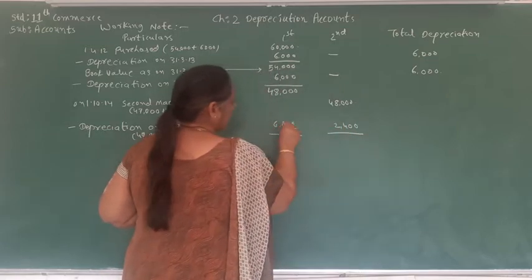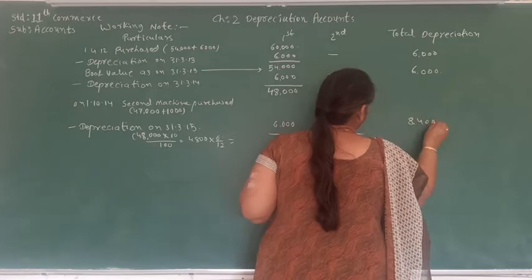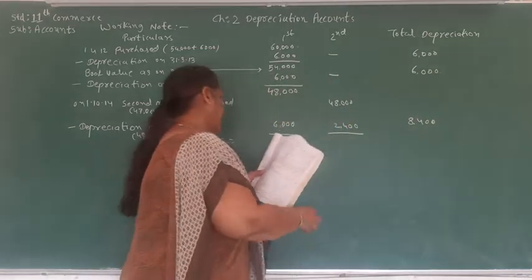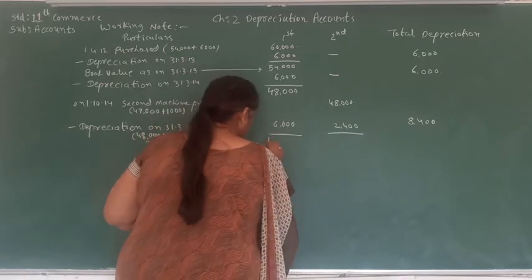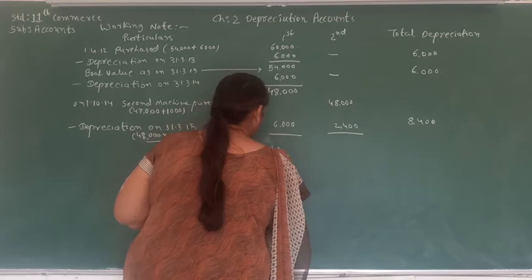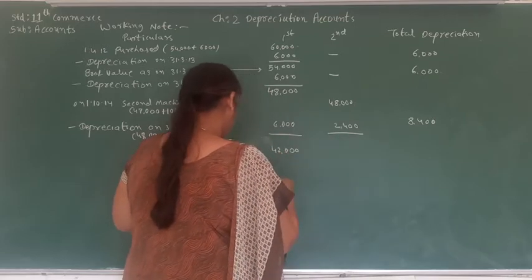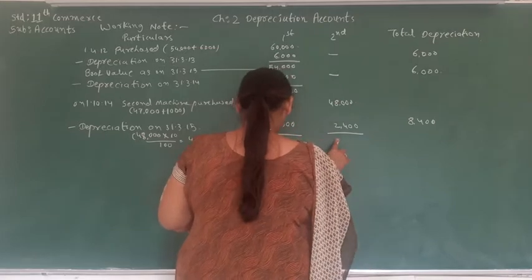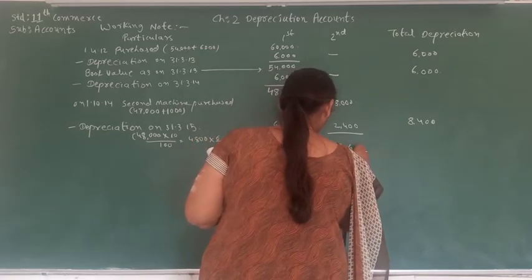So here the total depreciation will be 8,400 at the end of the third year. From 48,000, if we deduct 6,000, this will be 42,000, and from 48,000, if we deduct 2,400, this will be 45,600.